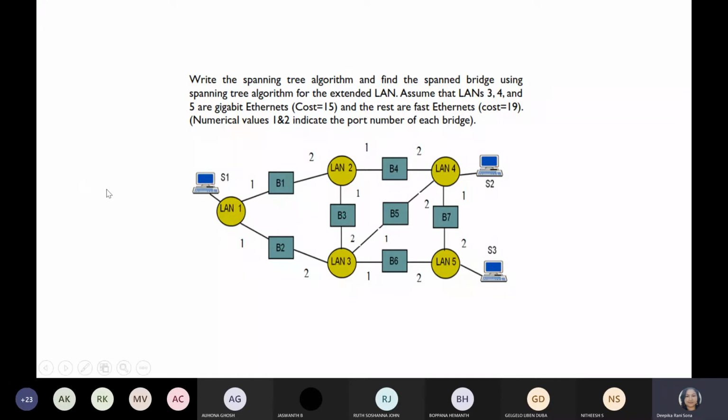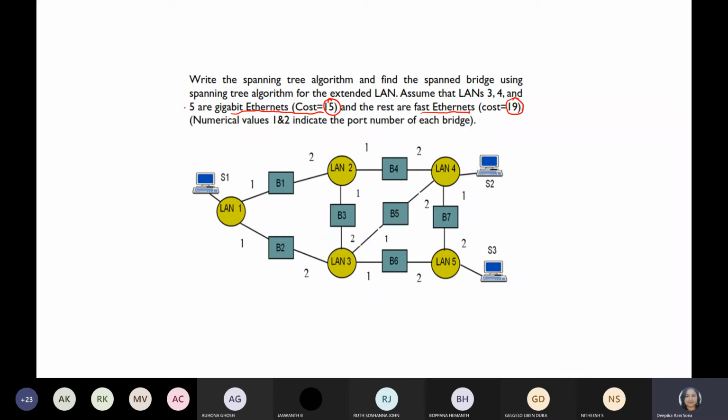So in the question itself we have to analyze it. First the question has been asked to solve the spanning tree algorithm with different cost with respect to the gigabit Ethernet cost and the fast Ethernet cost. For gigabit Ethernet, which is a higher speed than fast Ethernet, the cost is mentioned as 15, and for lower speed it is mentioned as 19.